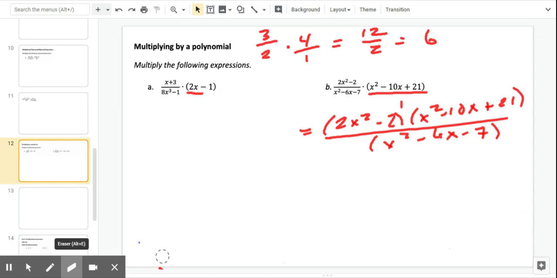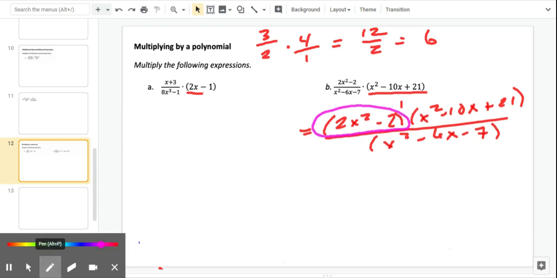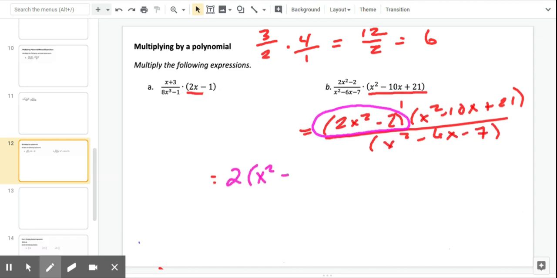So I'm going to factor out a GCF from that. So 2x squared minus 2, this is equal to, so we have a 2 and a 2, which means I can take out a 2. Then we're left with x squared minus 1.